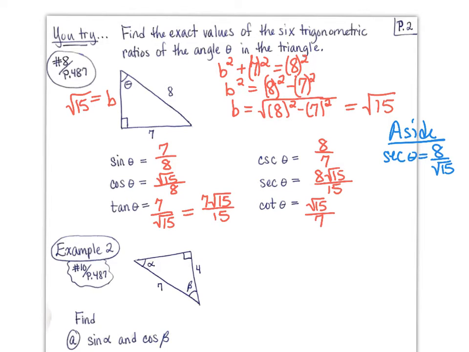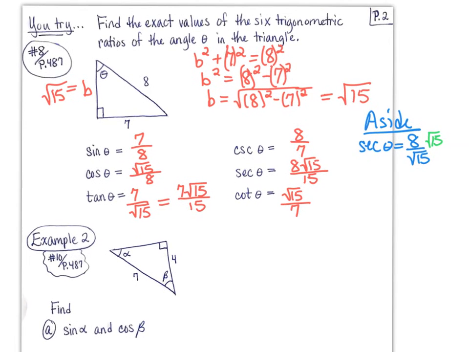But then you'd have to multiply by square root of 15 times the square root of 15, and this would become 8 square root of 15 over square root of 15 squared. But the square root of 15 squared is just 15. So that cancels, and then you get 8 square root of 15 over 15.